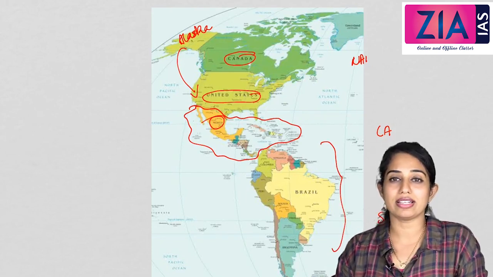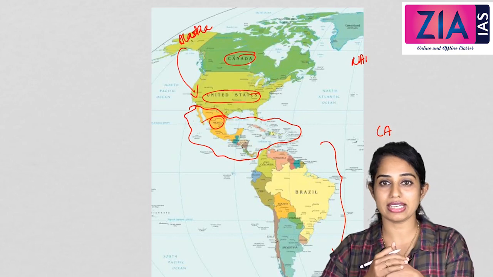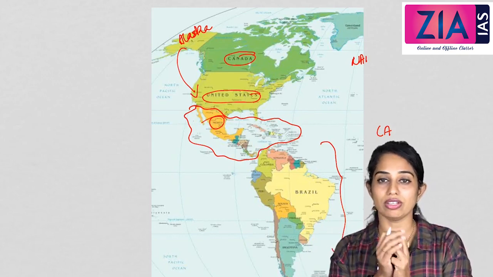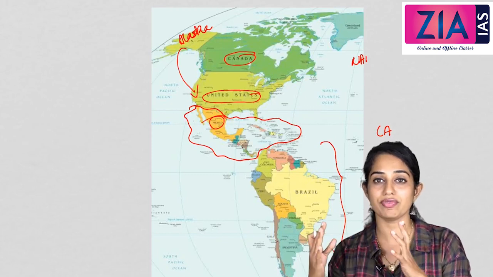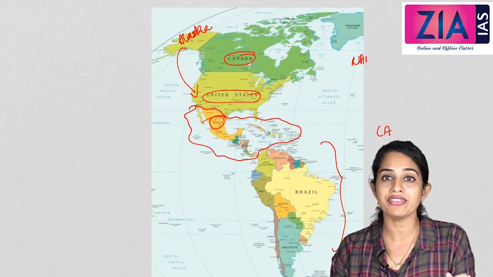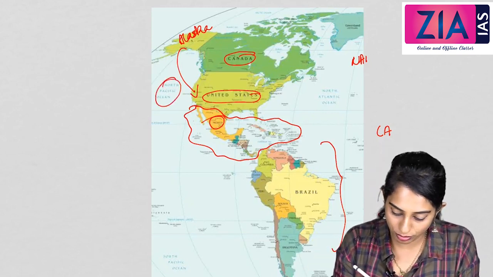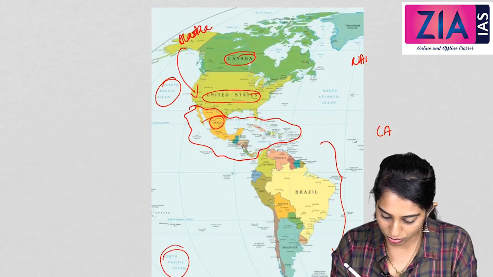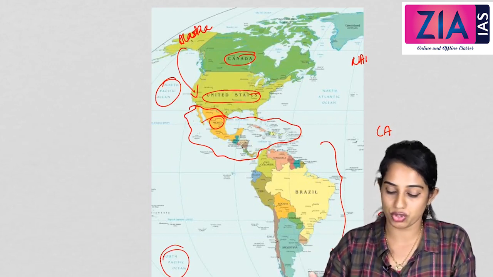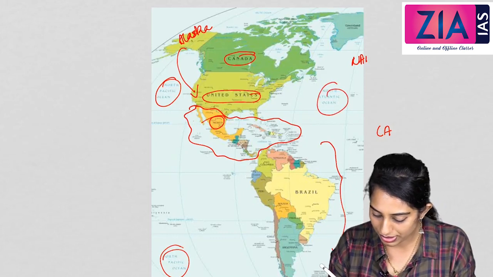Now while we understand the continent and the areas, let us understand the surrounding areas also. When we see the North or South American continent, we know that towards the western part of the continent we have the Pacific Ocean, North Pacific Ocean and South Pacific Ocean, and towards the eastern part of the continent we have the Atlantic Ocean, North Atlantic Ocean and South Atlantic Ocean here.